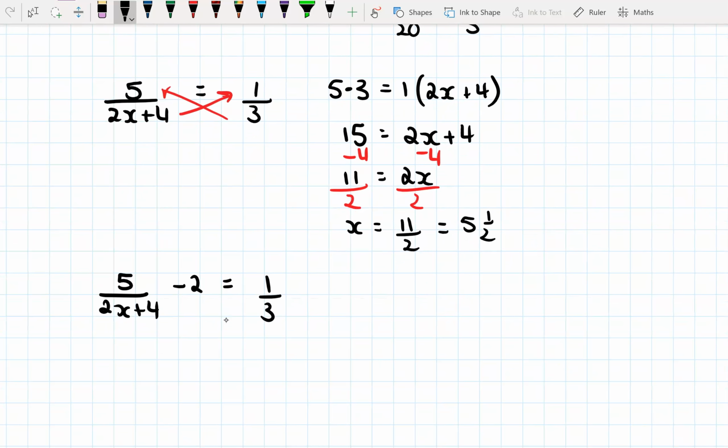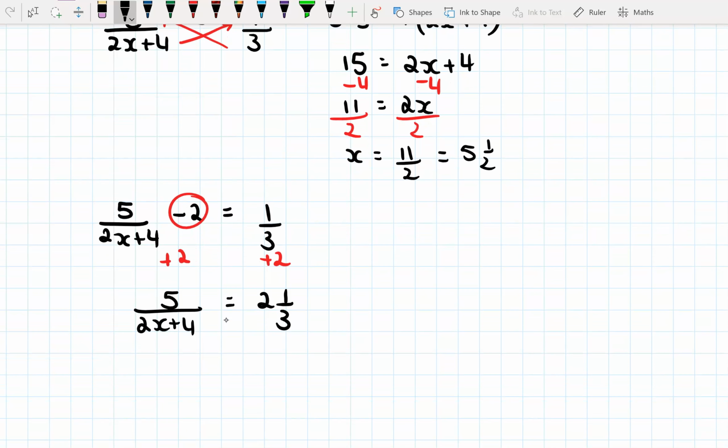In this case, we don't have a fraction equal to another fraction. So first we need to make sure that this minus 2 goes away. We're going to start by adding 2 to both sides. So on the left now, we will have our 5 over 2x plus 4, and that's equal to 1/3 plus 2. So 2 and 1/3.